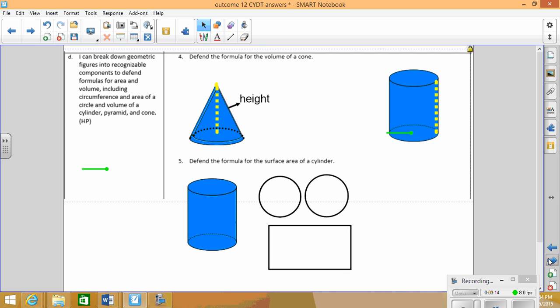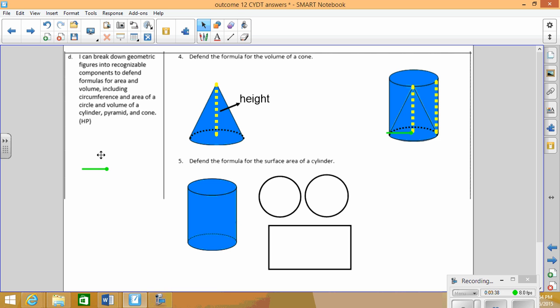Okay, the next question talks about defending the formula for the volume of a cone. So a cone, if you were to think about it in reference to a cylinder, a cone makes up 1/3 of the volume that a cylinder does.